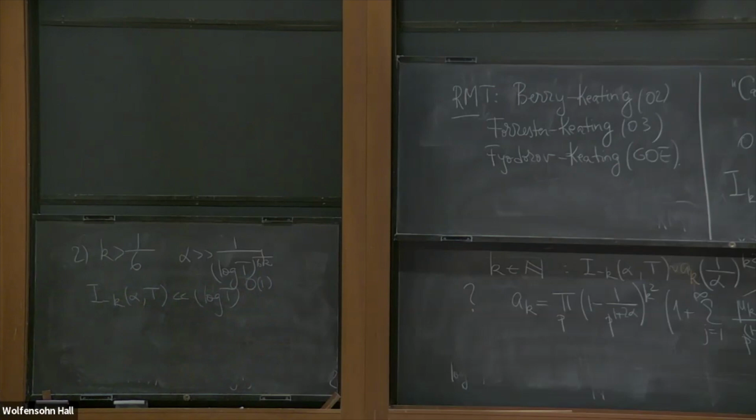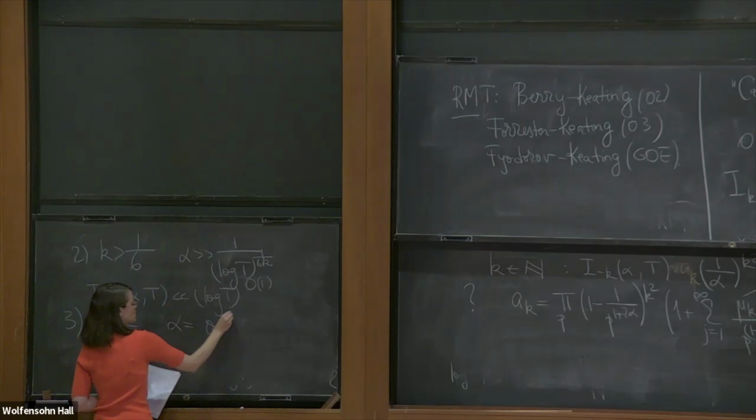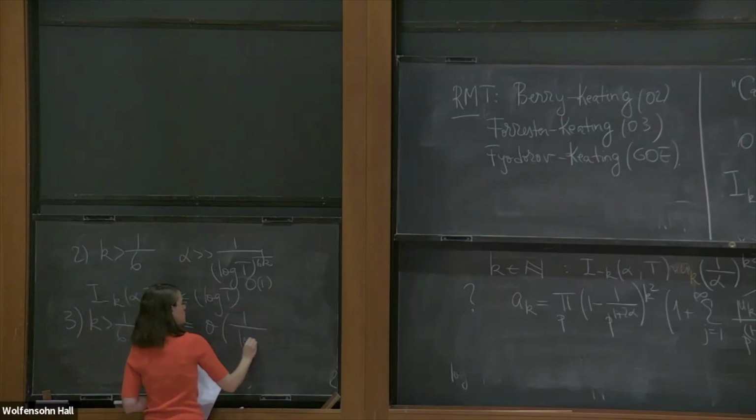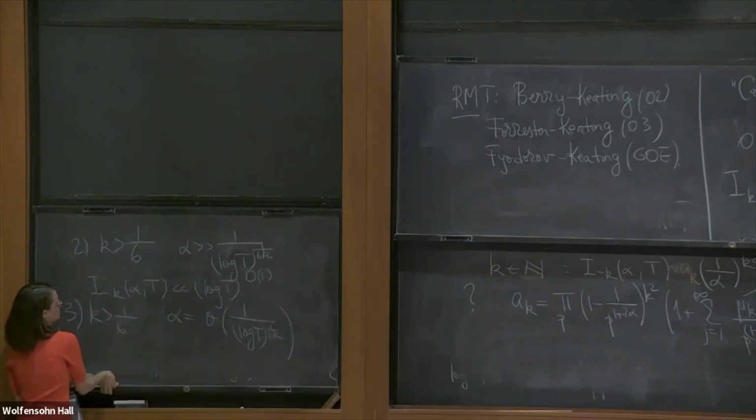And we also want to know what happens when alpha is smaller. So for example, if k is bigger than 1 over 6 and alpha is to the left of this point, then what do we get?